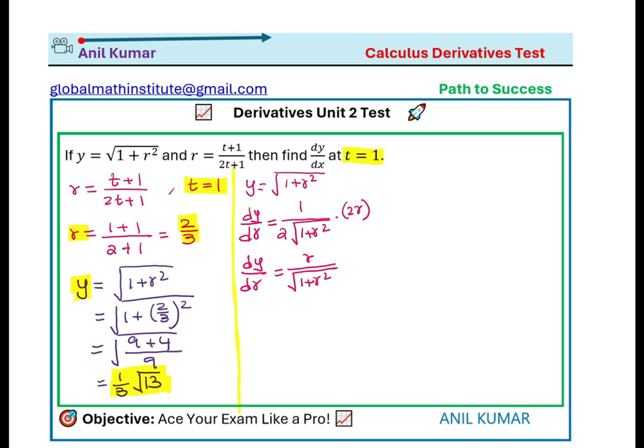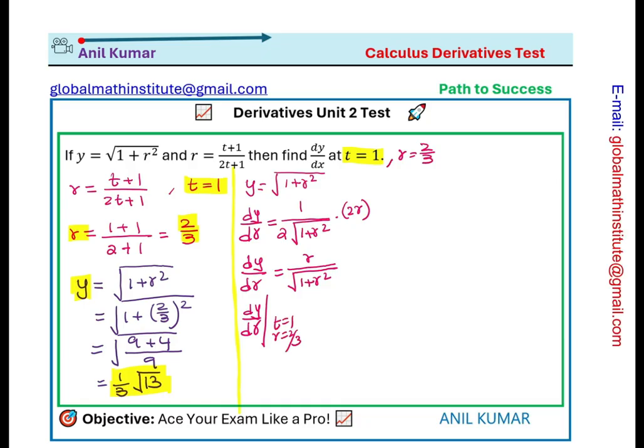Correct. Now, our interest is to find this derivative at t equals 1. And we know at t equals 1, r is 2 by 3. So we'll substitute this value, correct? We'll write dy/dr at t equals 1, or r equals 2 by 3. Substituting, we get 2 by 3 over the square root of 1 plus (2 by 3) squared.